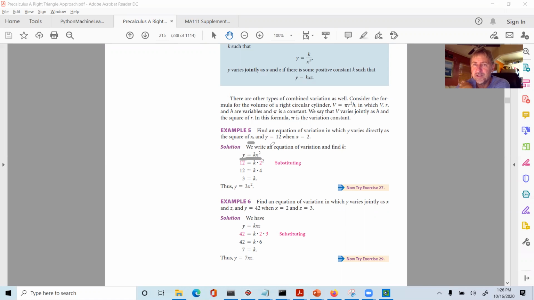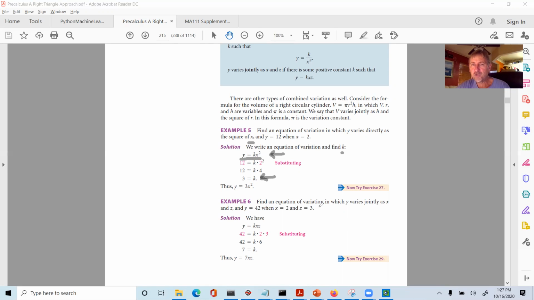And now you just plug in what they gave you. Once you have your equation set up, that's the hard part. Make sure you remember to put in your k and then solve for k. And then reestablish your equation. In this case, k was 3, so y equals 3 times x squared.